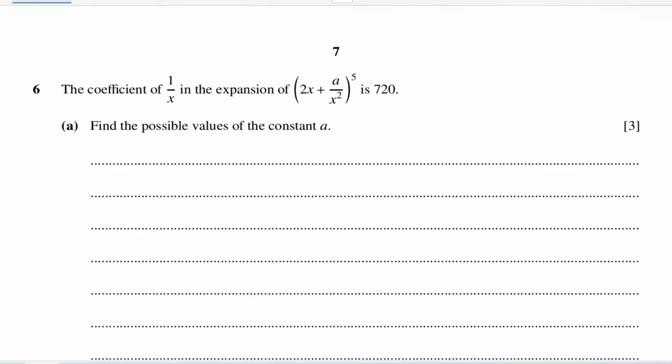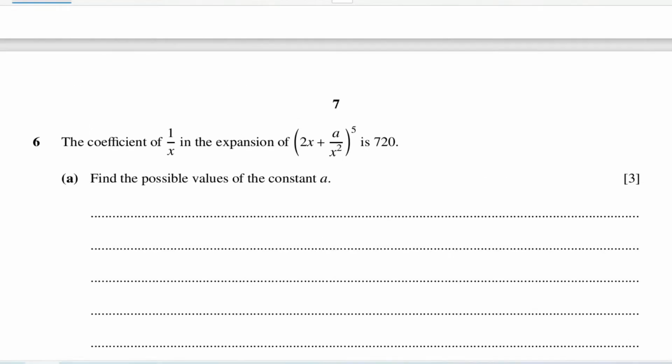Next, question number 6. The coefficient of 1 over x in the expansion of 2x plus a divided by x square, the whole power 5 is 720. Find the possible values of the constant a. This is the binomial expansion question. Let's write the rth term for this binomial expansion, which is 5c r 2x the whole power 5 minus r a divided by x square the whole power r.